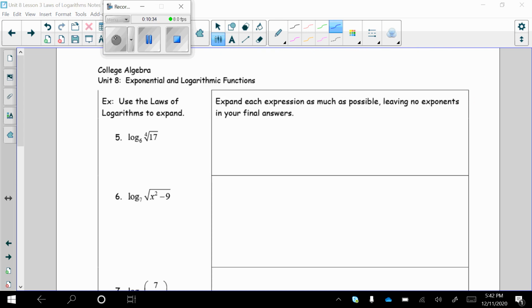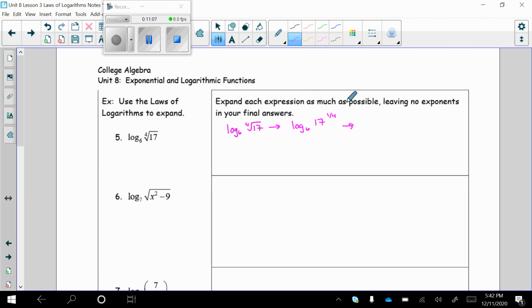Okay, so expand each expression as much as possible, leaving no exponents in your final answer. So we're not going to actually solve these out. We're just going to rewrite them in expanded form. What that means is that we're taking log base 6 of the fourth root of 17, and rewriting that as log base 6 of 17 to the 1/4 power.